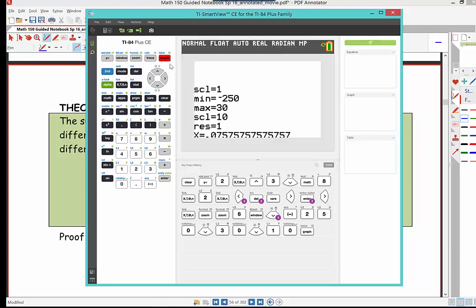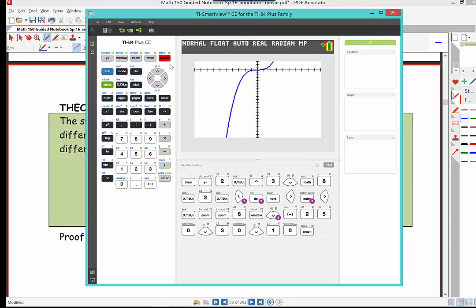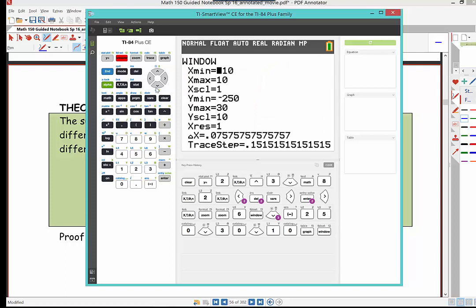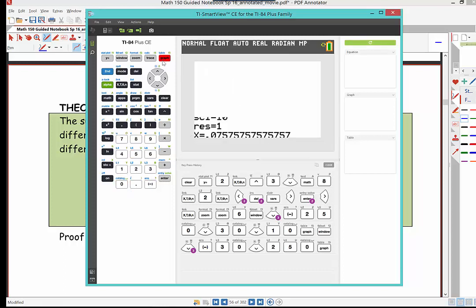And let's see what that looks like. Oh, that's right, we got a positive value. We're going to switch the window for the y. My bad. So here we go. Our y min we could do at negative 30, and our y max we want to be 250. All right, let's graph this guy.